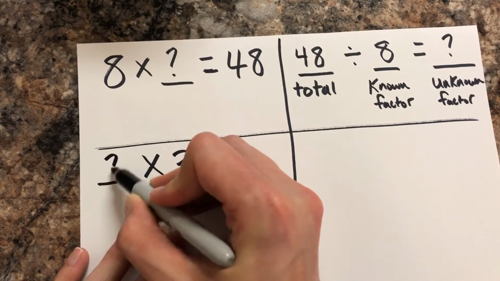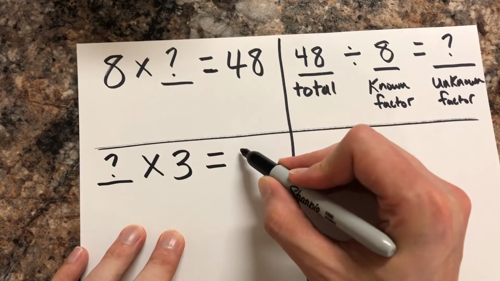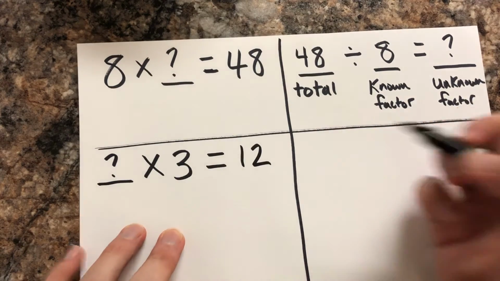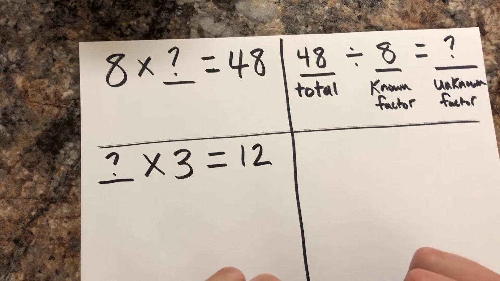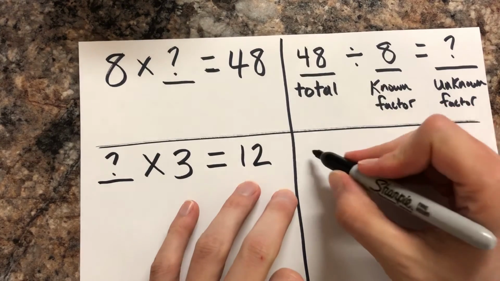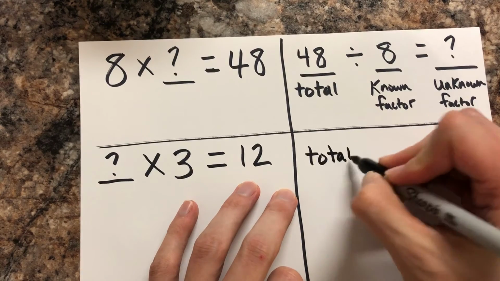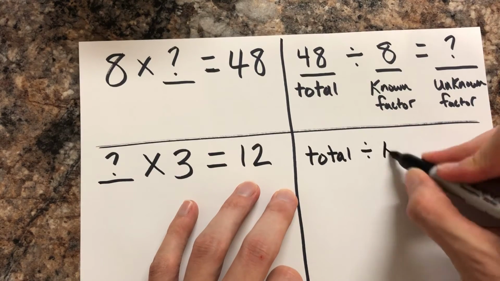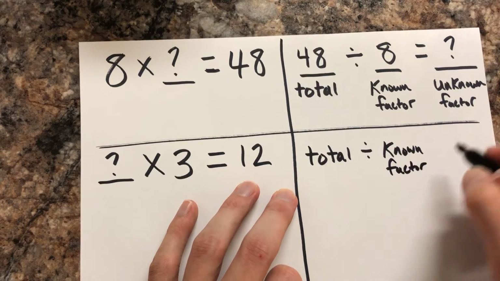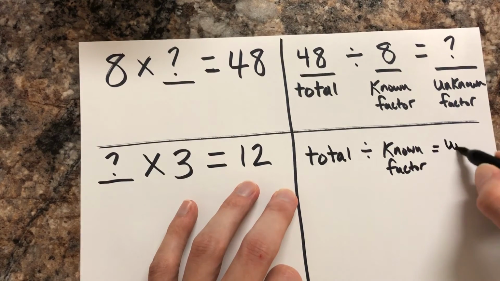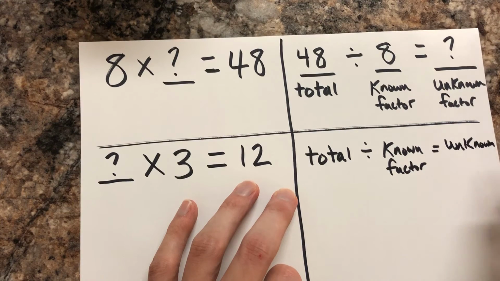Blank times 3 equals 12. I'm going to start with the total. I'm going to divide it by my known factor to solve for my unknown factor.